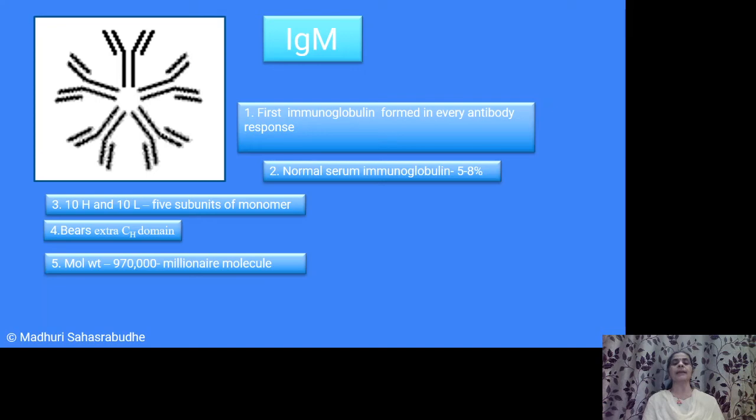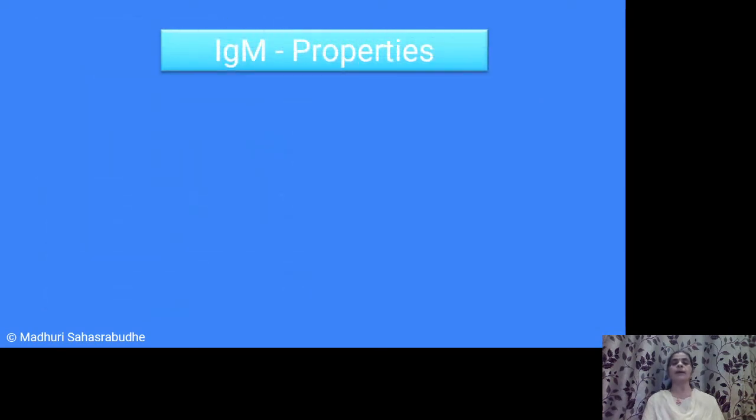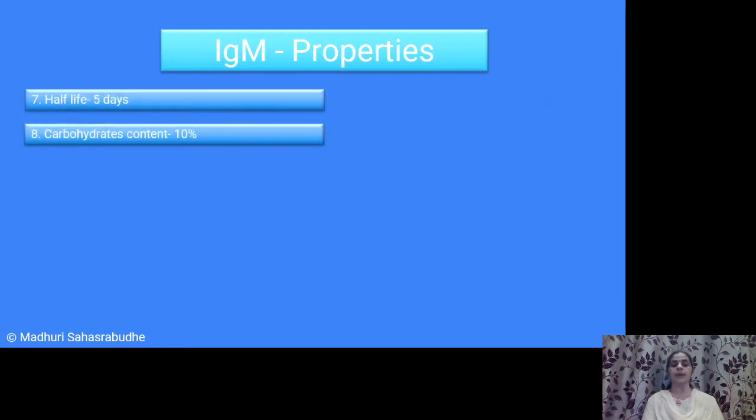Molecular weight is 970,000, approaching a million, and therefore it is called a millionaire molecule. Sedimentation coefficient is 19S. Until now we have said IgG and IgA are 7S particles, whereas IgM is a 19S particle. Another property of IgM: it has a half-life of 5 days.